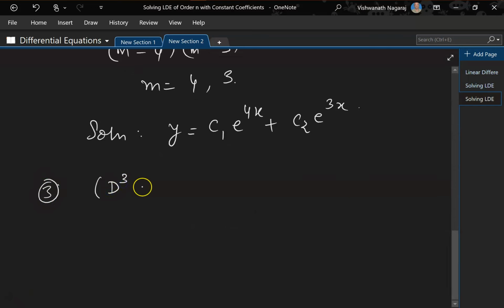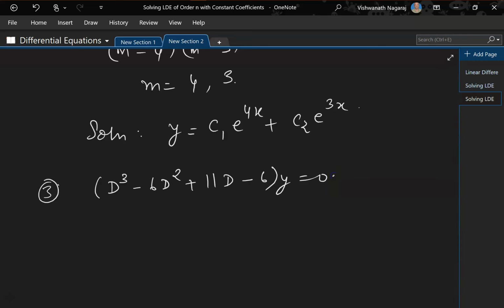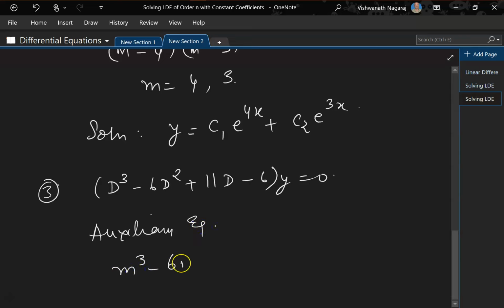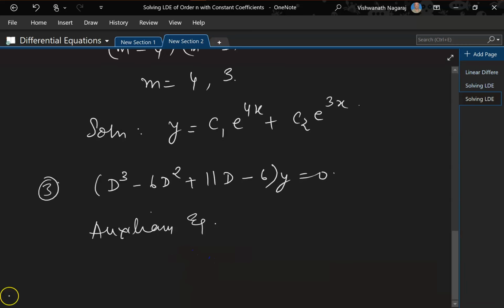Okay, let's look at the next problem. D cube minus 6D square plus 11D minus 6 y equal to 0. Okay, it's given to us in D form, so using D notation, let's directly write the auxiliary equation. m cube minus 6m square plus 11m minus 6 equal to 0.